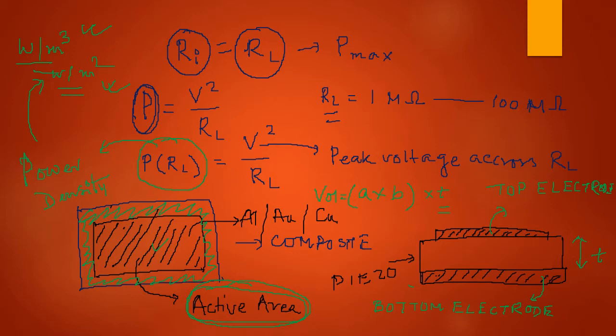Now in actual cases, you know that nanogenerators are not for generating very high power. So in reality, what you see in general is microwatt per centimeter cube, or maybe milliwatt per centimeter cube.